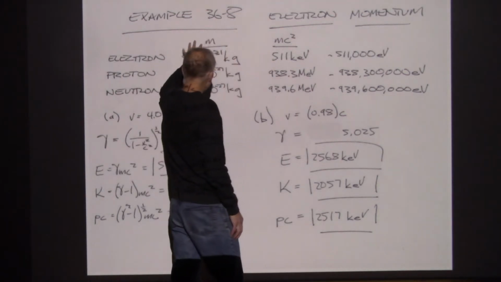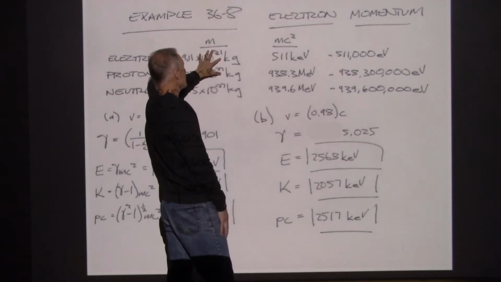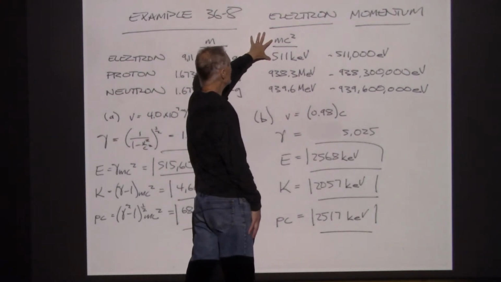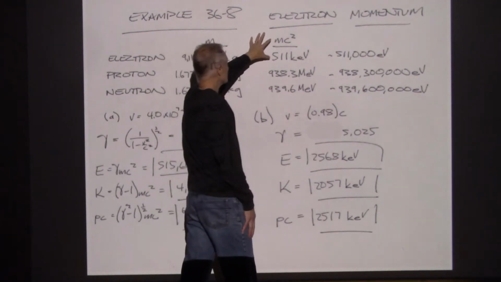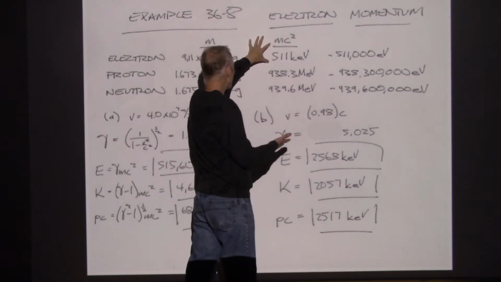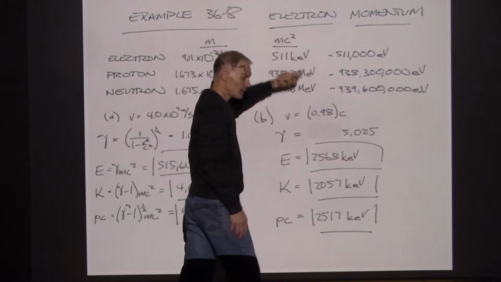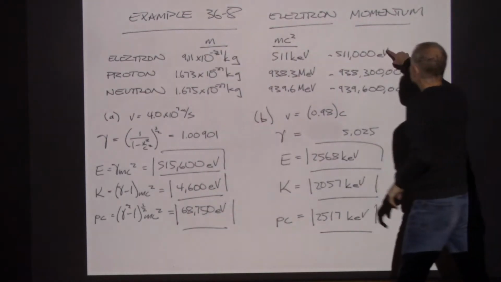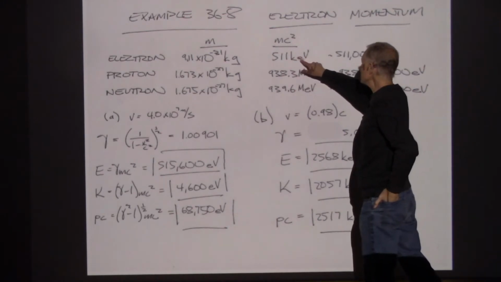Now, more often than not, instead of using the mass in kilograms, we're going to be using the formula mc squared. So the mc squared value for an electron, its rest energy, its mass energy, is 511,000 eV, or 511 keV.